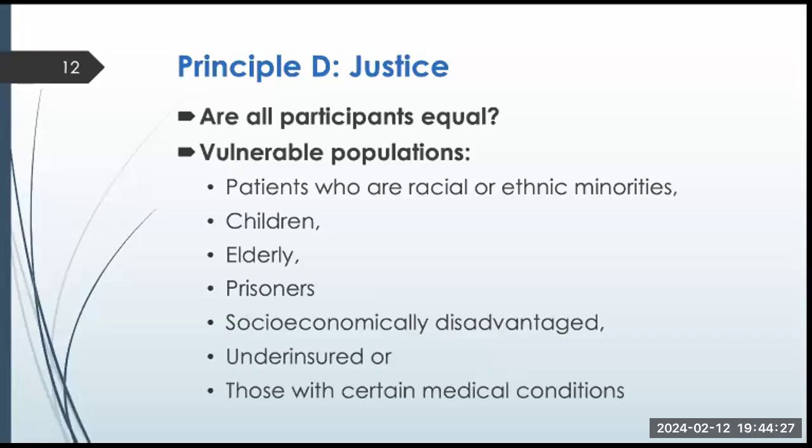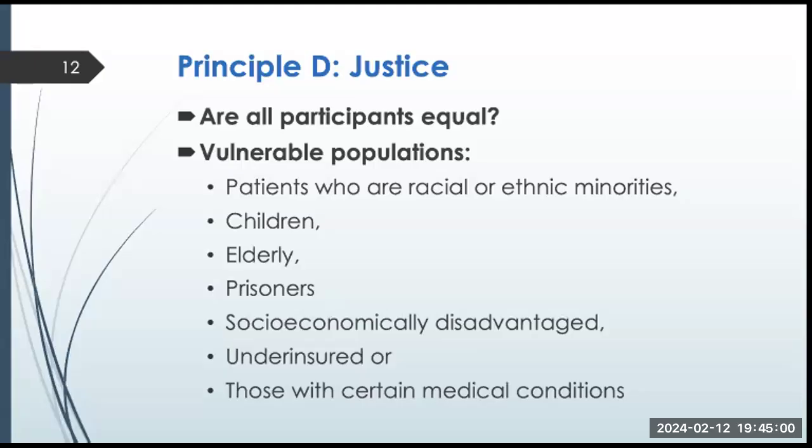These are all considered vulnerable populations. If you want to focus on any of these groups, in your proposal, in your protocol, you have to justify why these are the populations you want to study. What is different about them that you might learn from focusing on this group? And how are you going to protect them? How are you going to make sure that they are not exploited in your study? That's really ultimately what it boils down to.